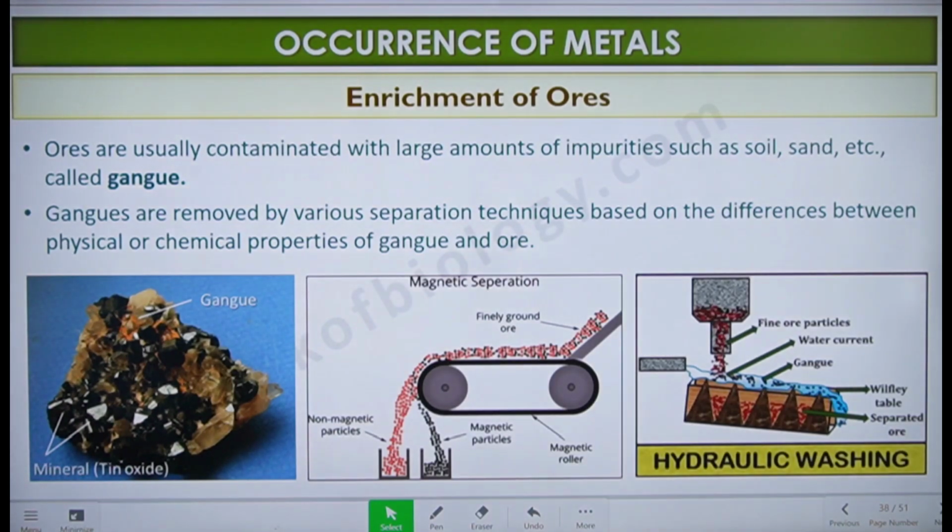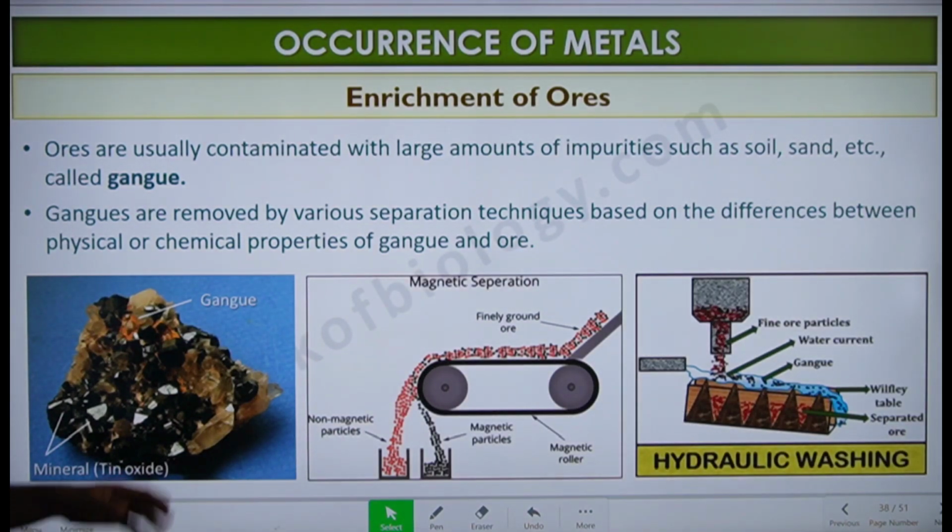Now, enrichment of ores. Before extraction of metals from the ore, the first step is enrichment of ores. Ores are usually contaminated with a large amount of impurities such as soil, sand, clay and dust particles, and the ore together with all these impurities is called gangue.